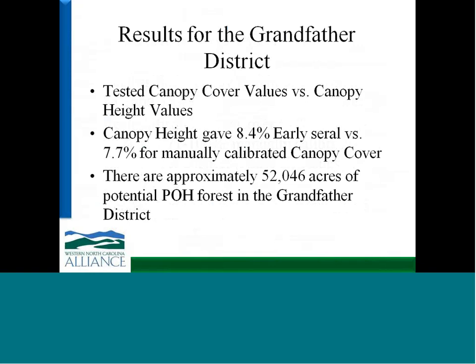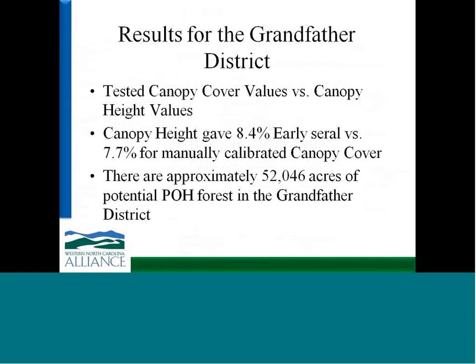Here are the results for pine oak heath forest in the Grandfather District. I tested canopy cover values versus canopy height values by comparing early seral habitat. I trust the canopy height values pretty well. Because canopy cover only looks at vegetation above 15 feet in height, a lot of those open areas are these early successional areas.